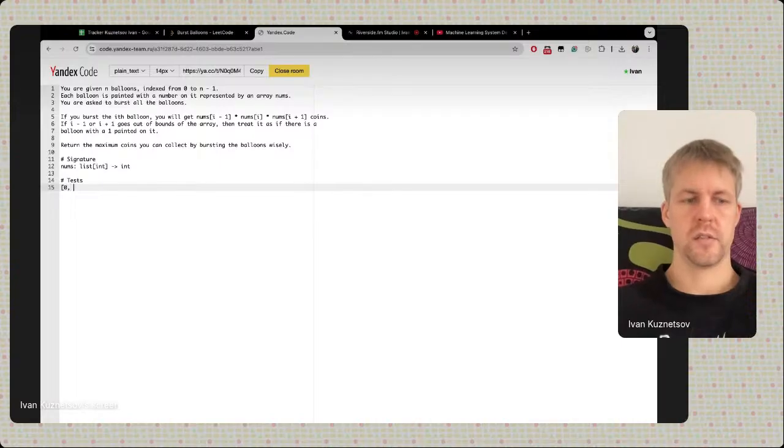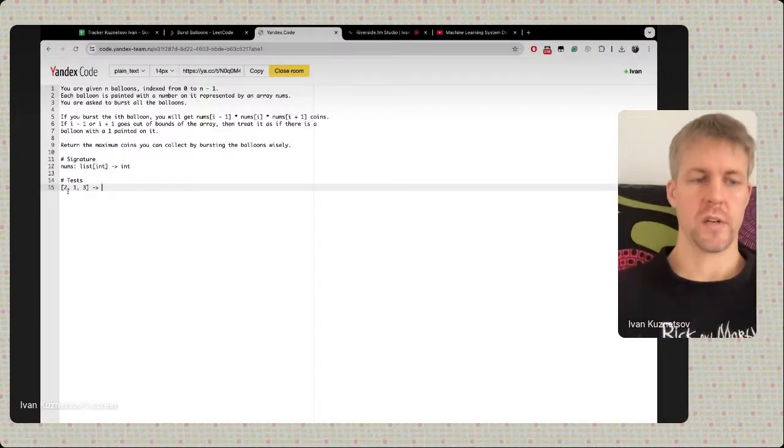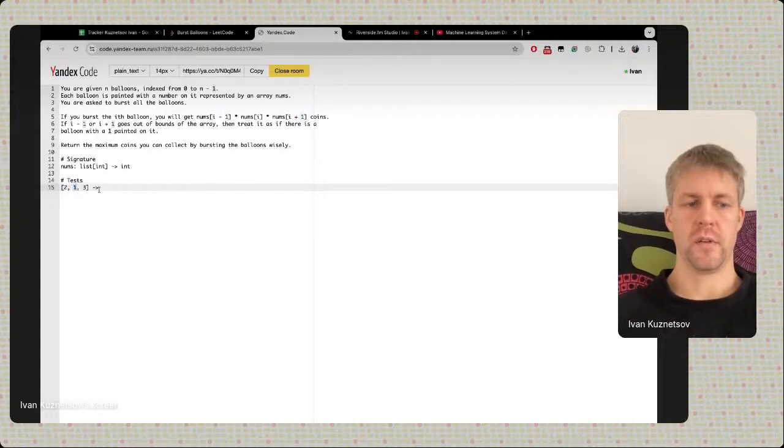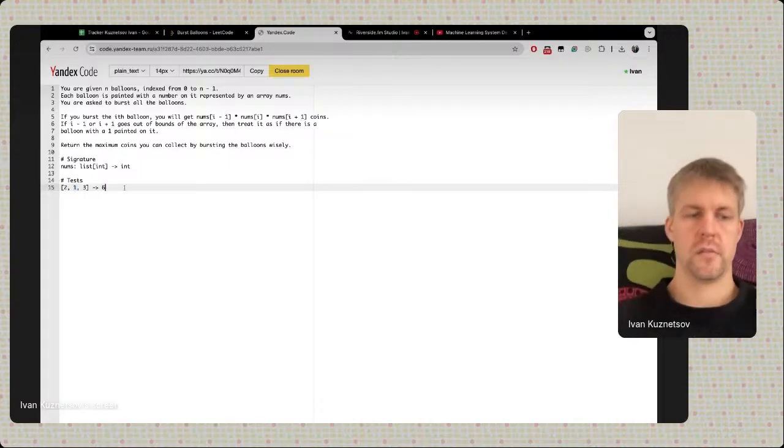So okay, let's maybe start by creating something like 2, 1, 3, and figure out what the correct answer is here. So we need to burst 3 balloons, right? If we burst this balloon, we get 1 multiplied by 2 multiplied by 3, so it will be 6.